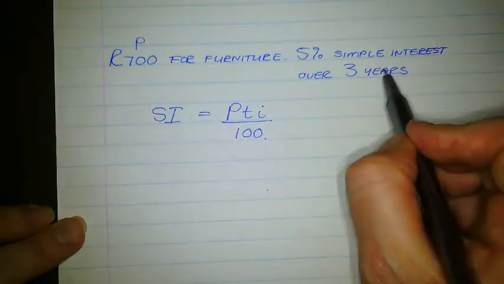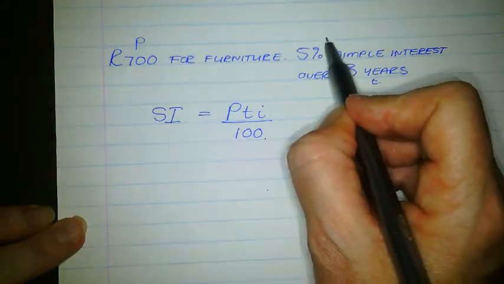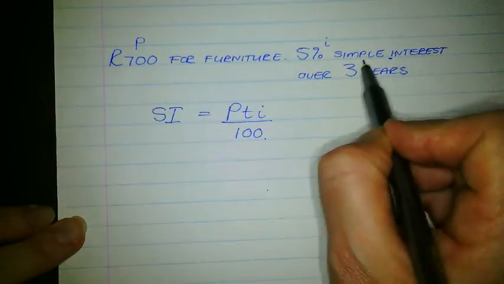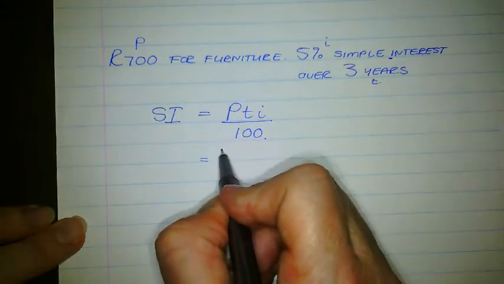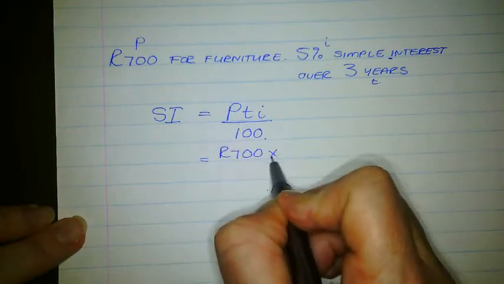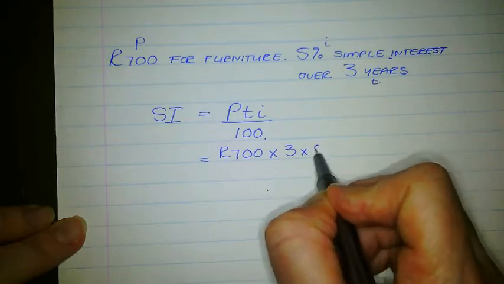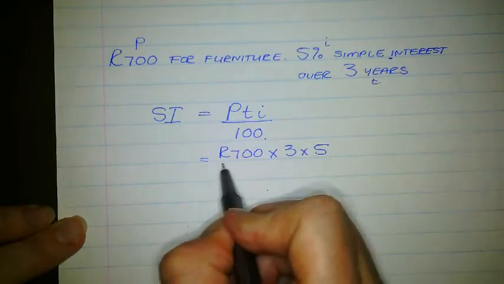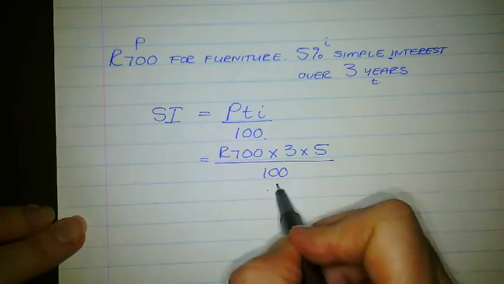Then your time is going to be your years, and that will be your interest, the I for the interest. So we substitute that: 700 times 3 times 5, and then everything over 100, or divided by 100.